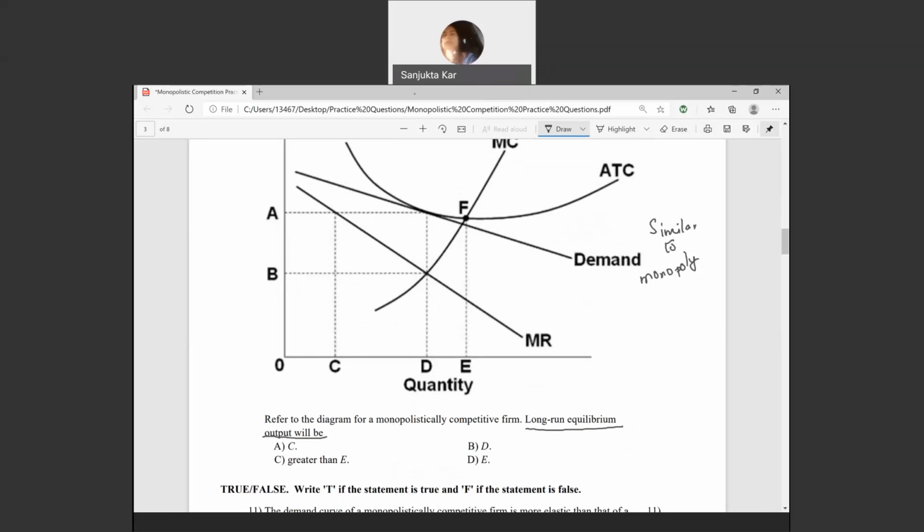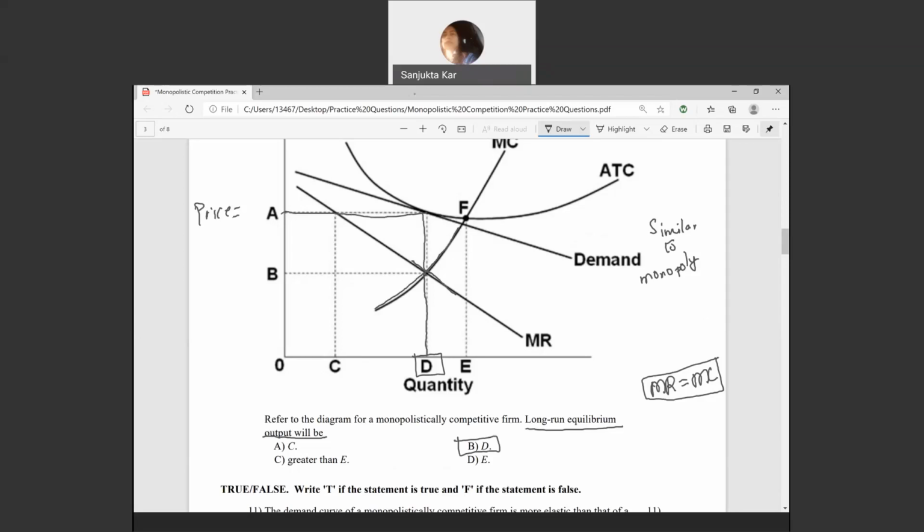That we can find out by equating marginal revenue to marginal cost of production. So this one is the marginal revenue curve. Then the upward sloping line, this one is the marginal cost curve. So this is going to be the output level, which is D. The price will be all the way from the demand curve, which is equal to A.